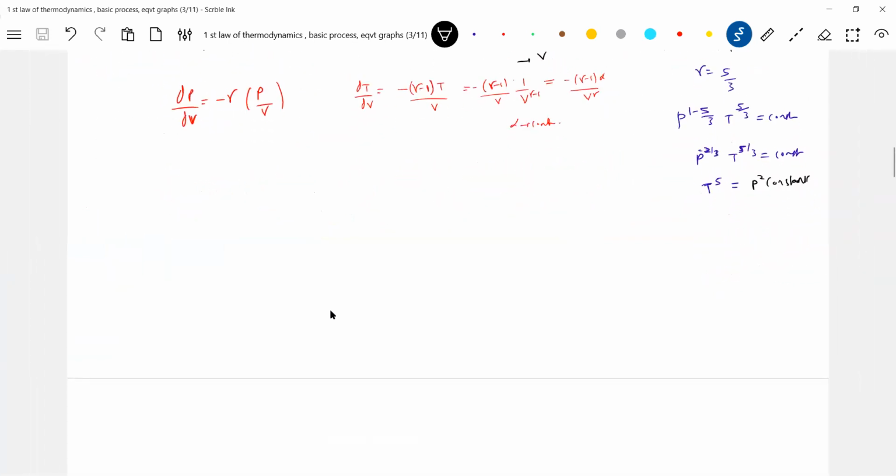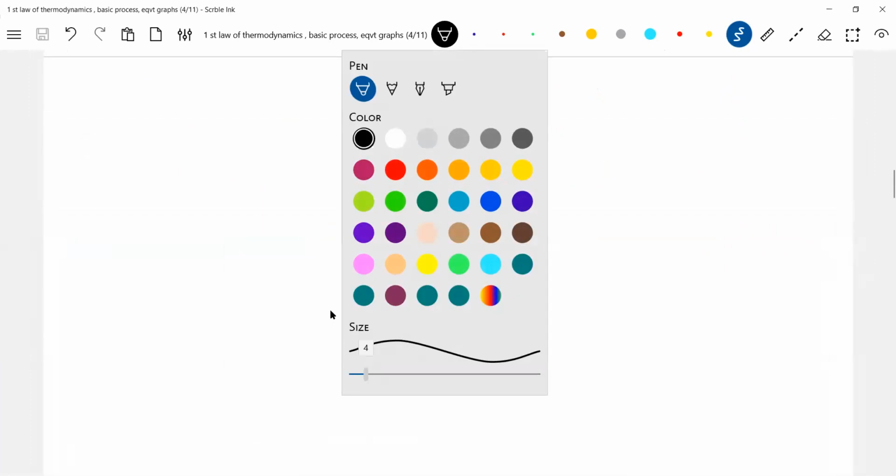Now regarding the isothermal and adiabatic curves, we'll compare them. If I plot the isothermal graph, so let's draw the graphs here now.